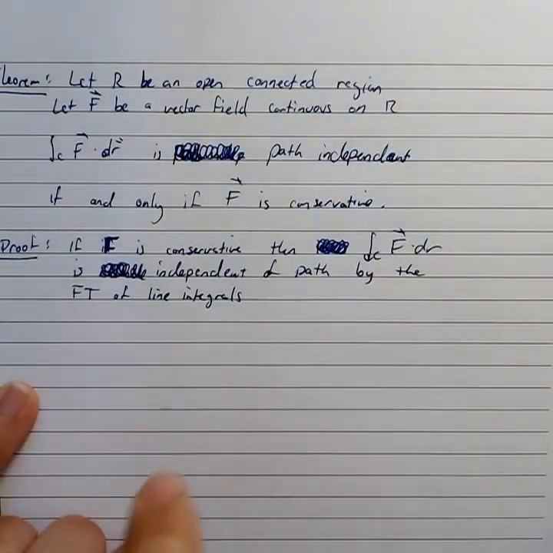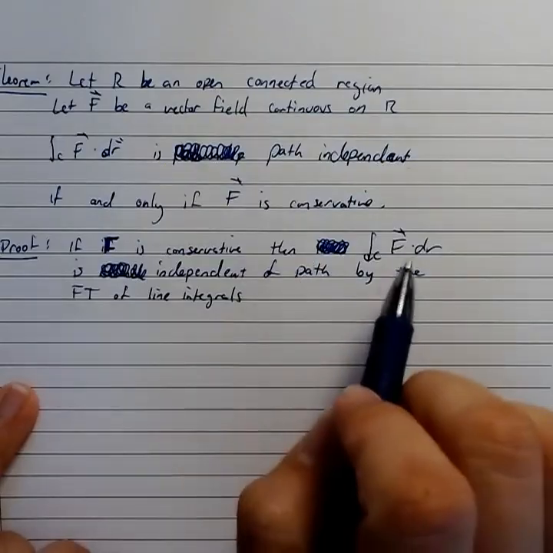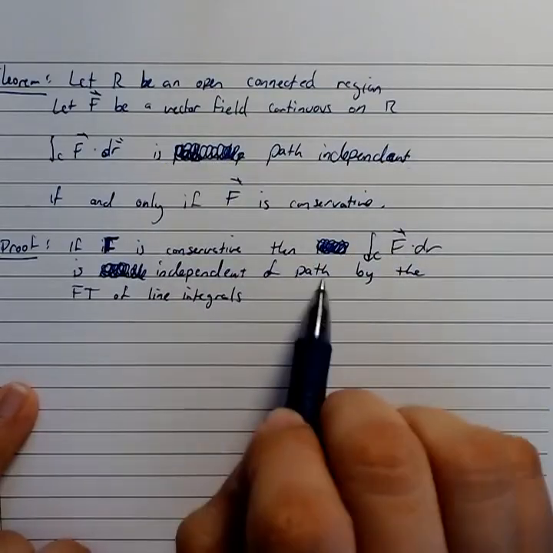So that's half our proof already, right? If F is conservative, then I know that this integral is independent of path.